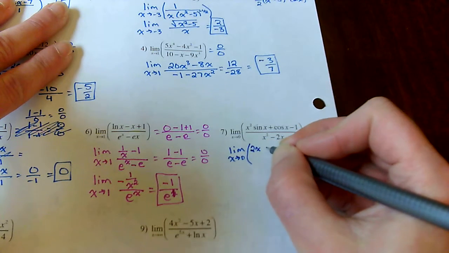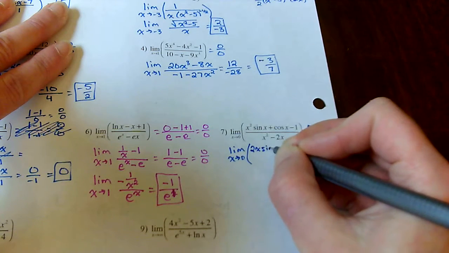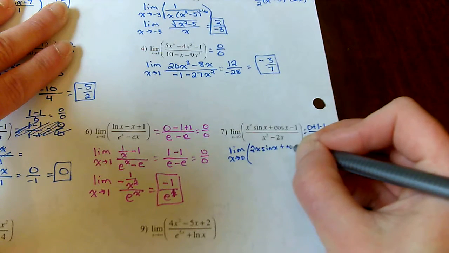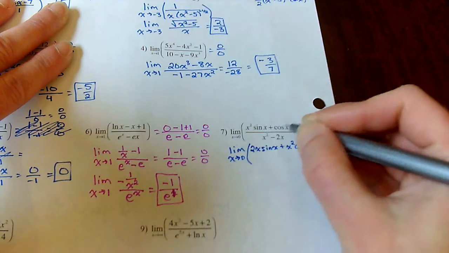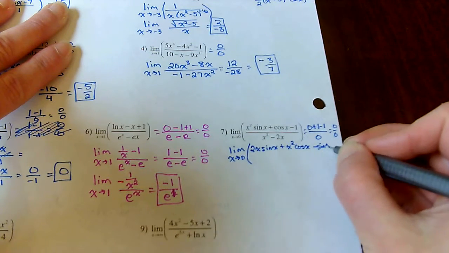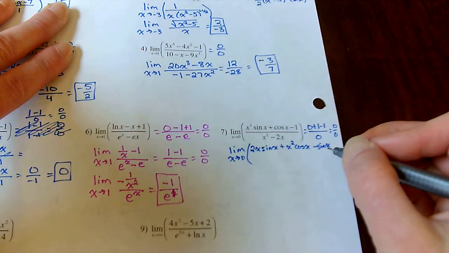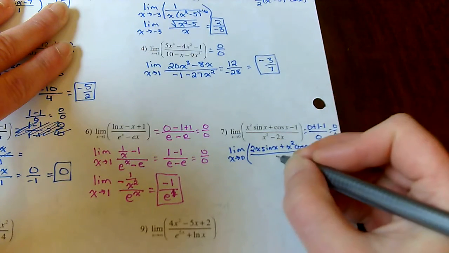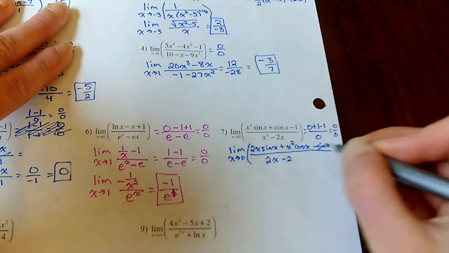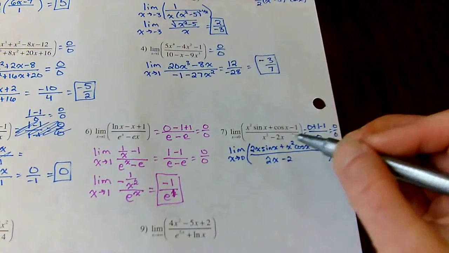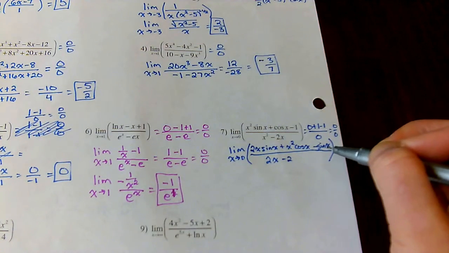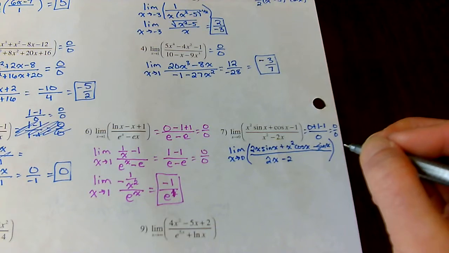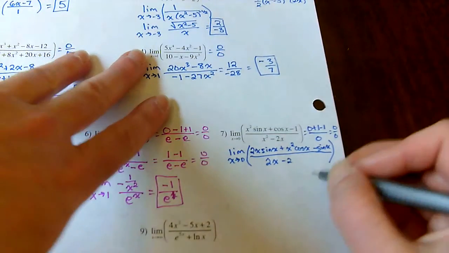So 2x sine x plus x squared cosine x minus sine x over 2x minus 2. What happens if I plug in 0? 0, 0, 0 over negative 2. That is okay.